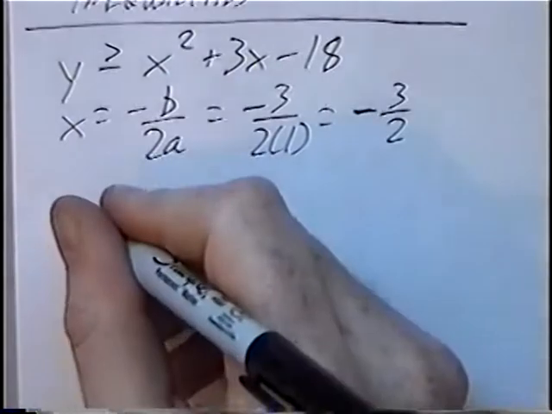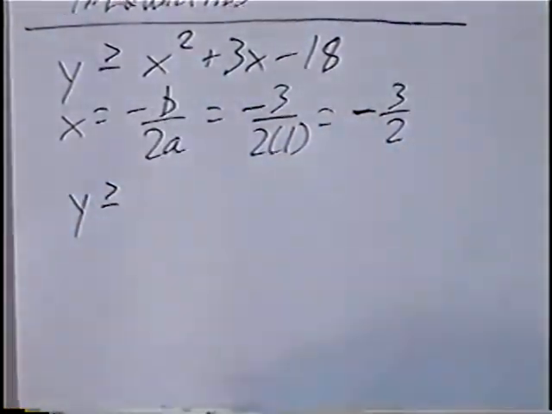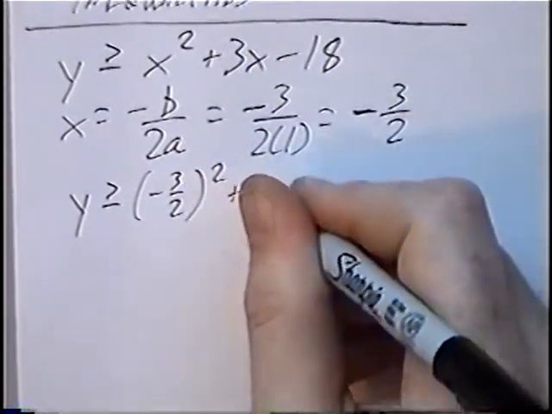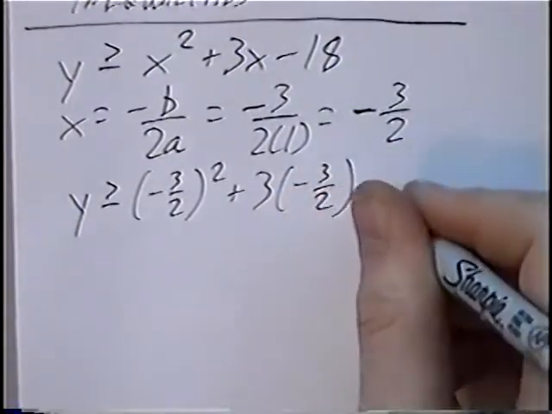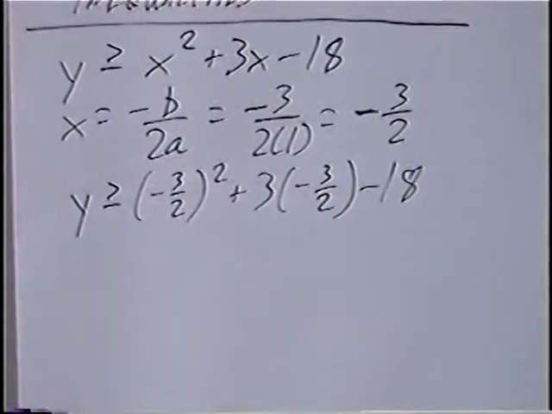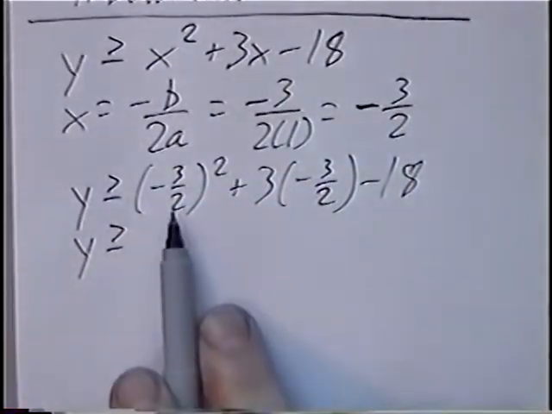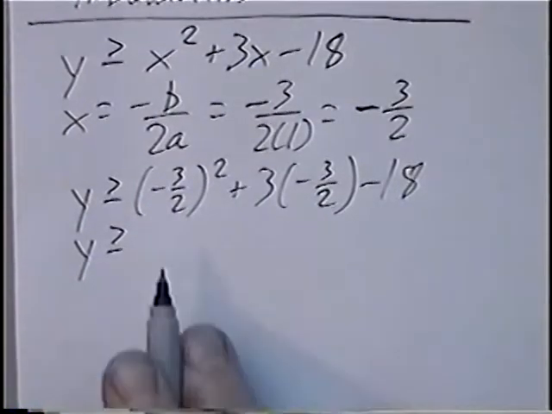Plugging this back in, we can solve for y. X squared, or negative 3 over 2 squared, plus 3 times negative 3 over 2 minus 18. Solving from here, negative 3 over 2 squared, we'll square the numerator and denominator.